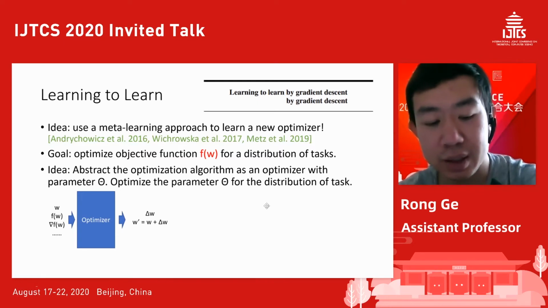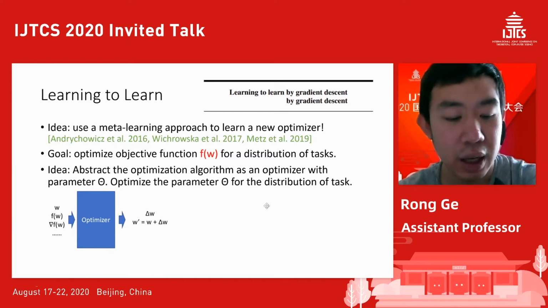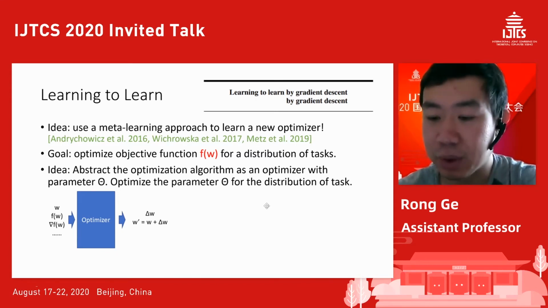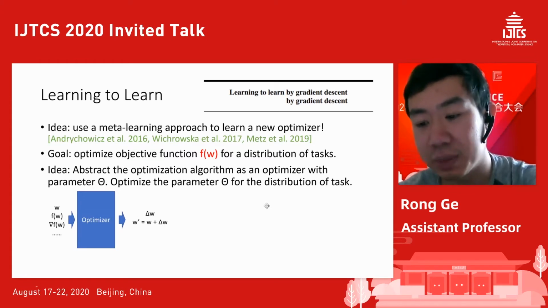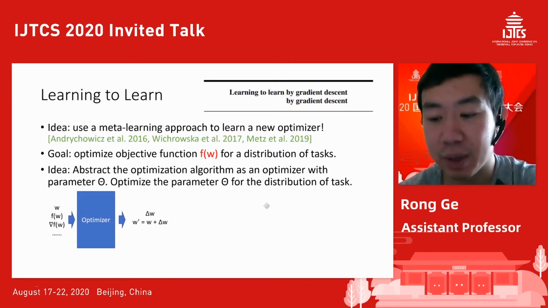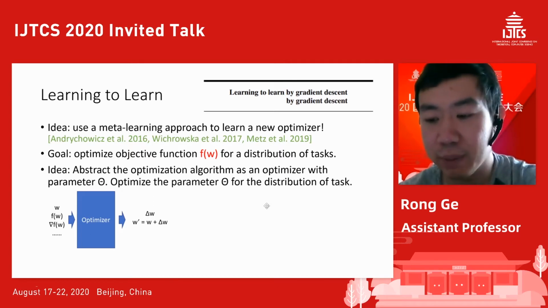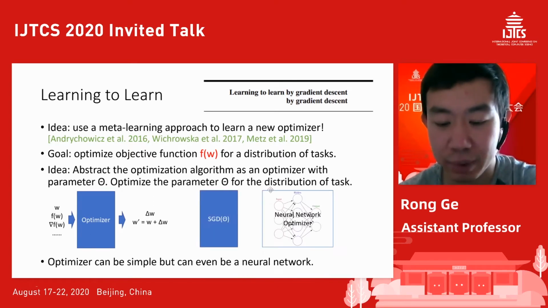And of course, the optimizer can be very simple. If the optimizer is just gradient descent, this delta of w is just going to be equal to minus the gradient of f of w times the step size. But the optimizer can also be very, very complicated. The optimizer can itself be a neural network that takes all of these inputs and produces a delta of w.